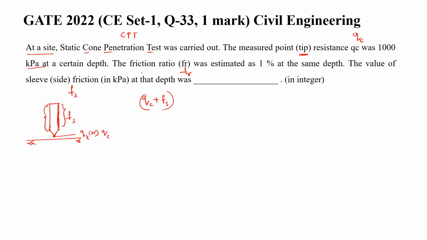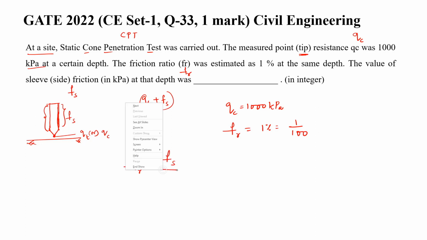Now what is given? QC is equal to 1000 kPa and friction ratio is given as 1%, which is nothing but 1 by 100. You should know the definition of friction ratio in the CPT test. Friction ratio is defined as the ratio of frictional resistance or sleeve friction to tip resistance.